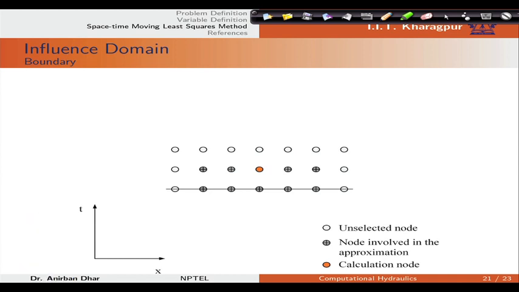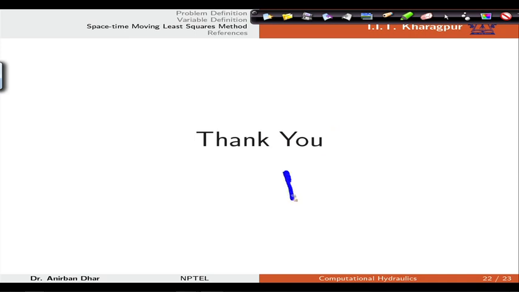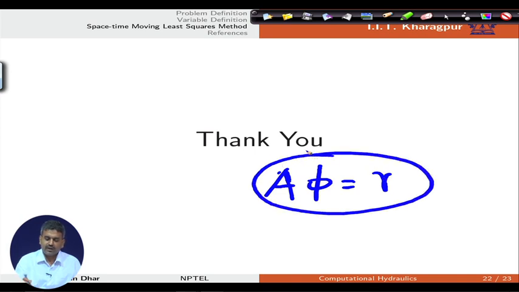Next lecture onwards we will consider our solution process, that is, the solution of our Ax equals to R, or A phi equals to R matrix system that we have generated from our finite difference, finite volume and mesh free approximations, and we will try to solve those problems using different numerical algorithms. Thank you.